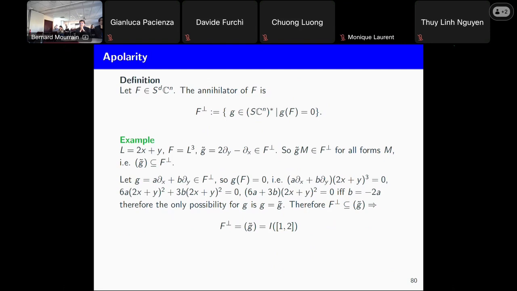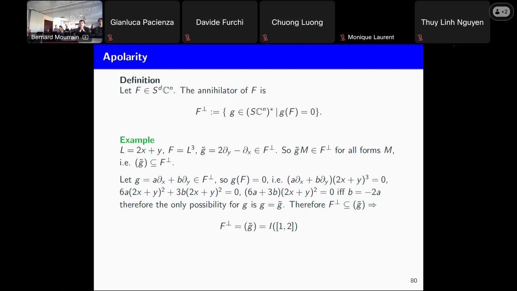Yes. So here I just wanted to see that I really have that. Let's assume I have some linear partial in F perp with the same F, and I impose that this partial kills F. So who is this partial that has to be apolar to F? If it's a linear partial, I just impose this condition, and I end up that B has to be equal to minus 2A.